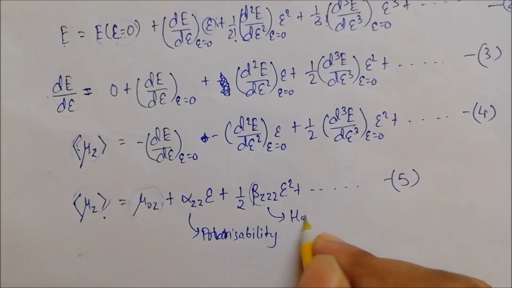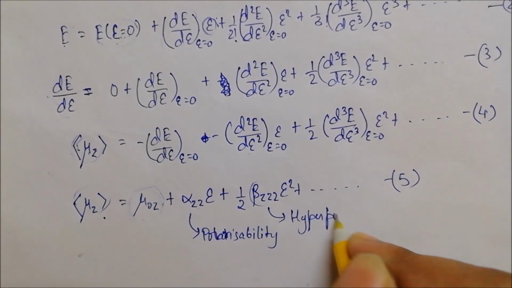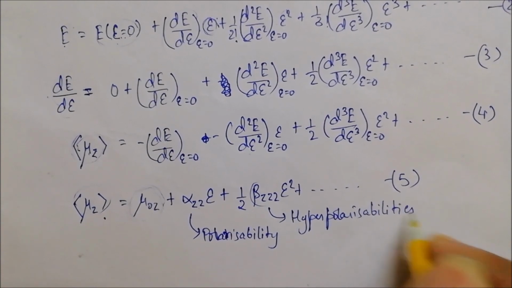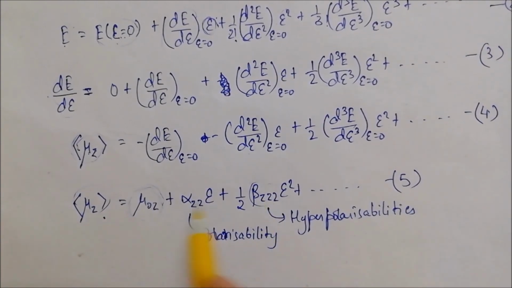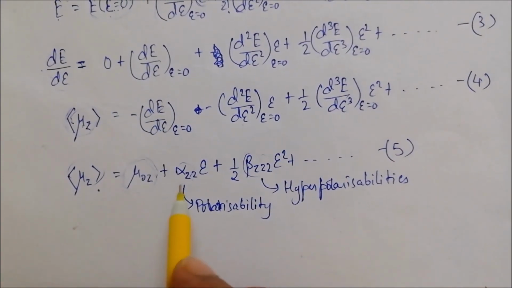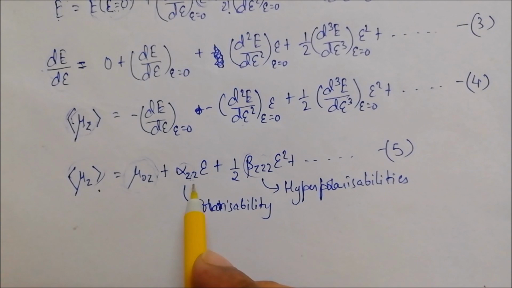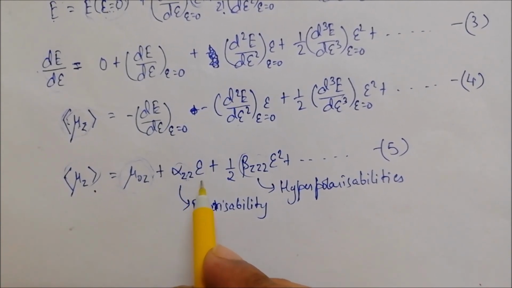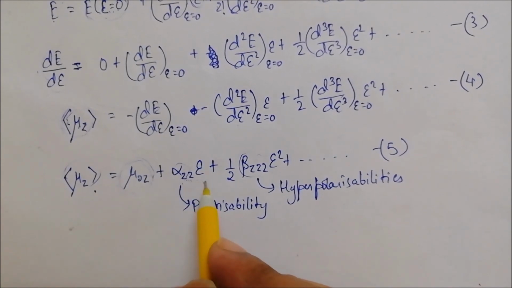These are called hyperpolarizabilities. And similar meanings are there just like this one. Yeah, so this is just the dipole moment induced along the z direction due to the electric field along z.